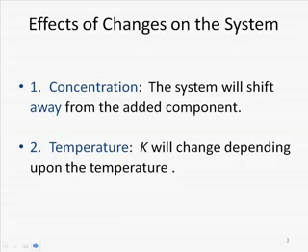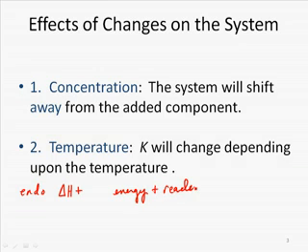When we're talking about temperature, we need to remember that the way that it changes is going to depend on whether we have an endothermic or exothermic system. So let's just remember what that means here. If I have an endothermic situation, that means that my delta H is positive, which means that we can think of the heat added as a reactant.